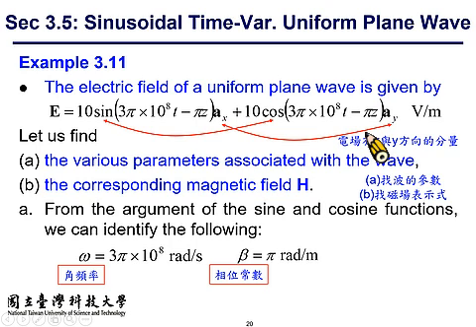And the propagation direction, what is the propagation direction? According to the variable, it's in the form of minus beta z. So it's propagating in the positive z direction.